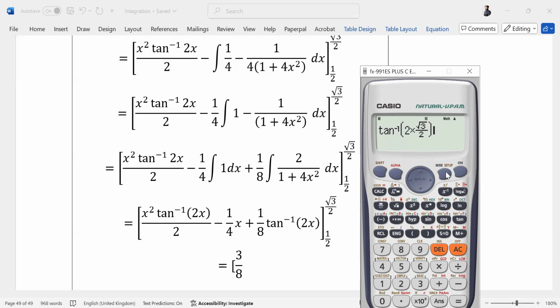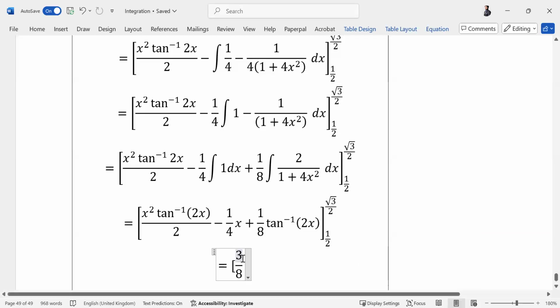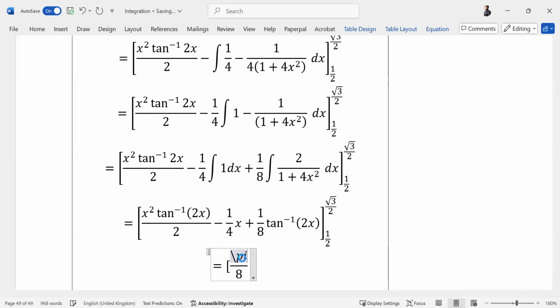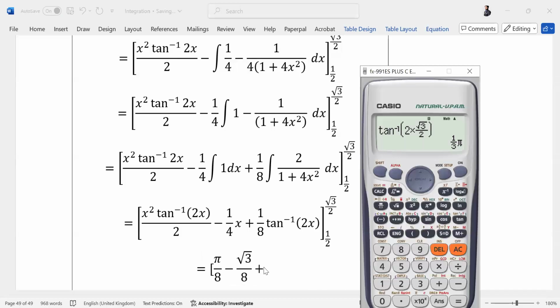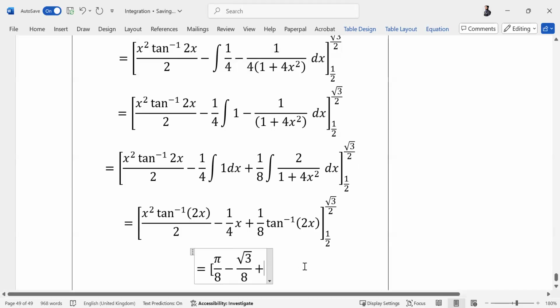if you are so adamant with using the calculator, first make sure your calculator is in radians. It is pi/3. Pi/3 cancelled, and I have pi/8 minus square root 3/8 plus pi/3, and this is pi/3.